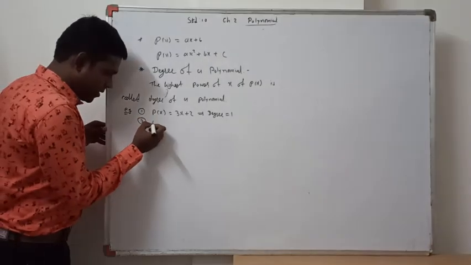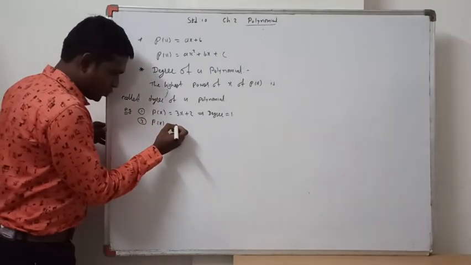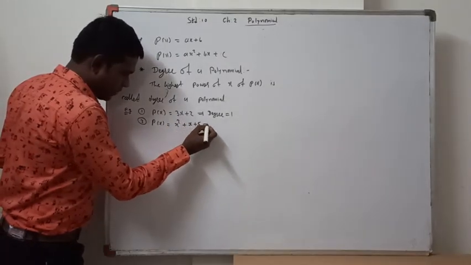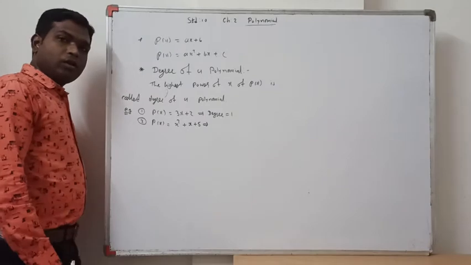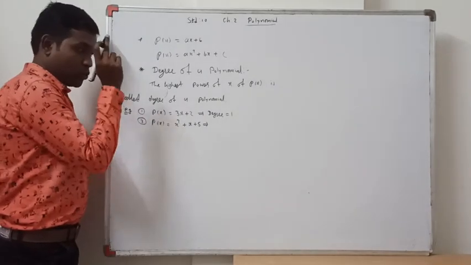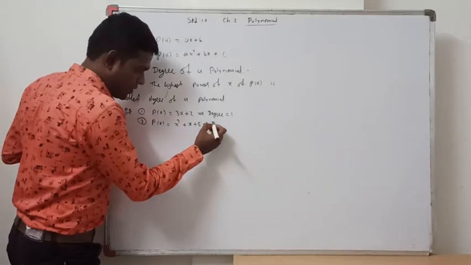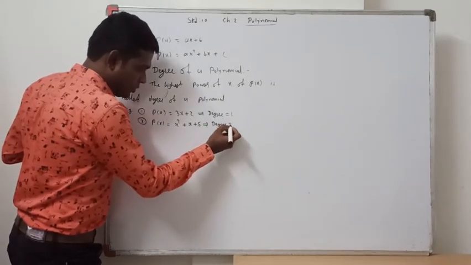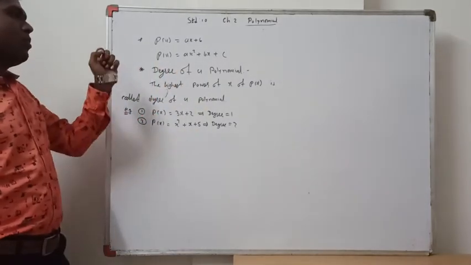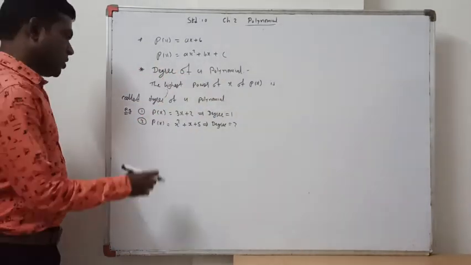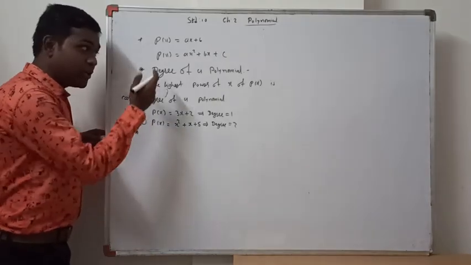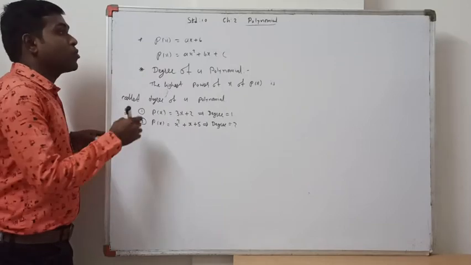Let me take a second example. p(x) equals x square plus x plus 5. Over here, the highest power is 2 of x. That's why the degree is 2. Now you understand the concept of degree of a polynomial. The highest power of x is called the degree of a polynomial.